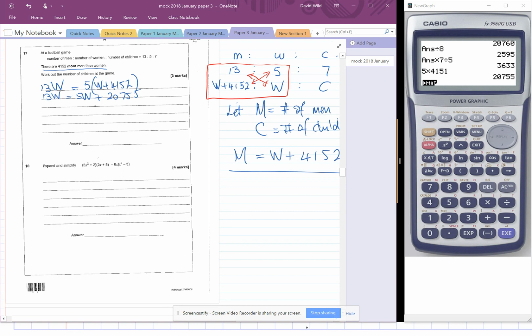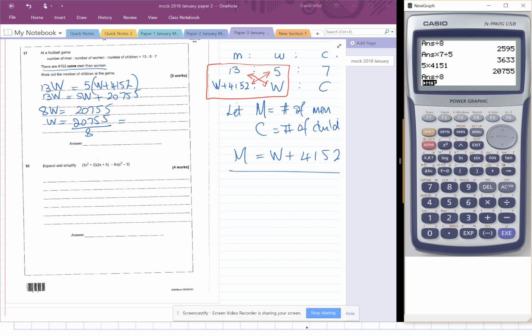Okay, we're trying to find W, so let's subtract 5W from both sides. 13 minus 5 is 8W is 20,755. So W is 20,755 over 8. What's that? Just divide that by 8, and we get.